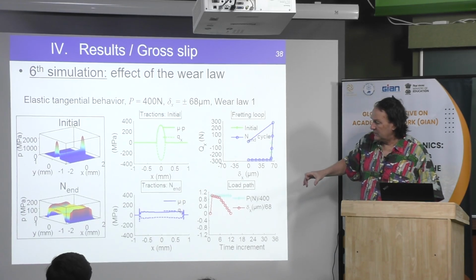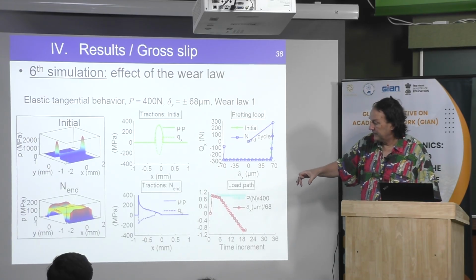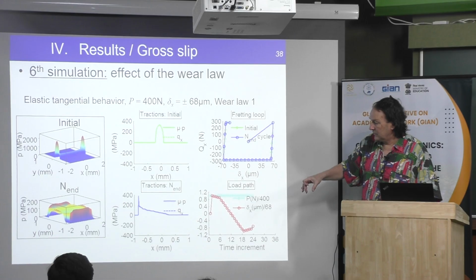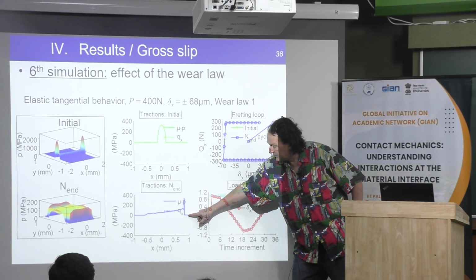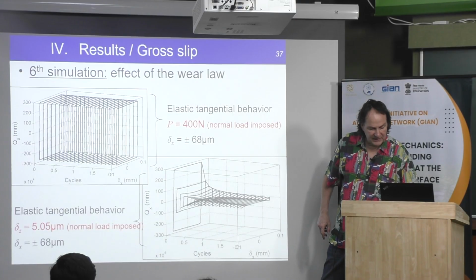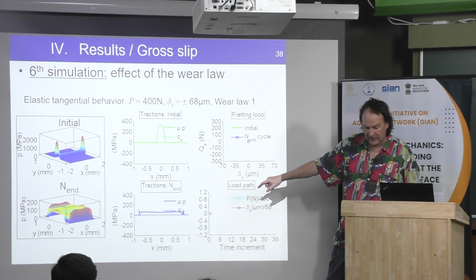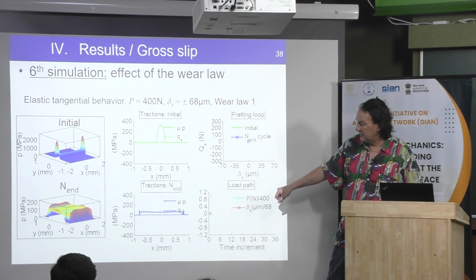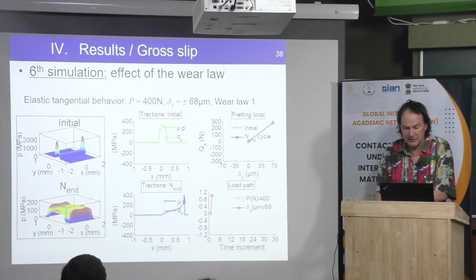And because the cylinder is moving along the x direction, you can see that here you have a full sliding. Yes, here you have always full sliding, but at the beginning you may observe that you have partial sliding, then stick slip. Maybe I can try to stop.